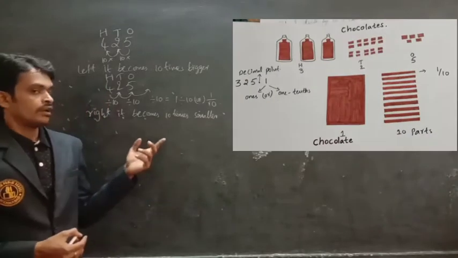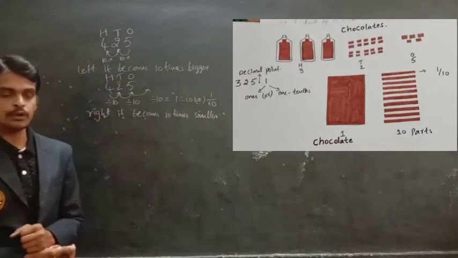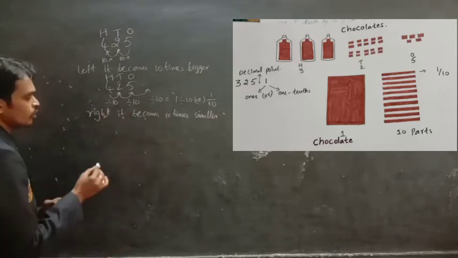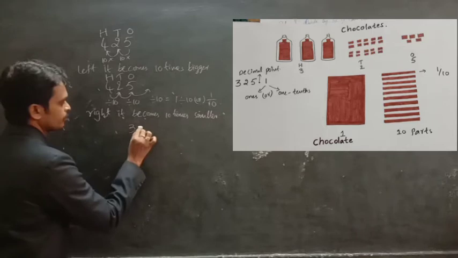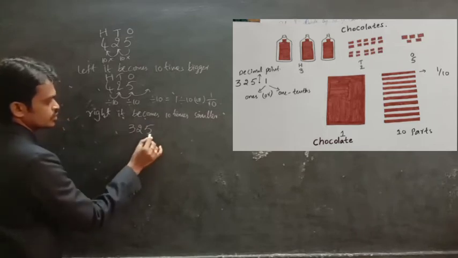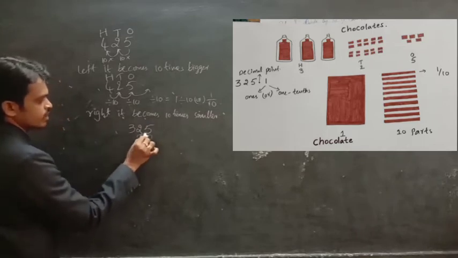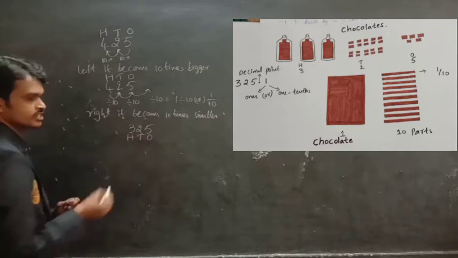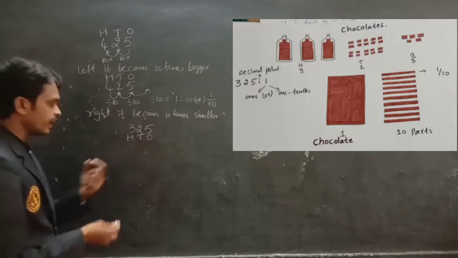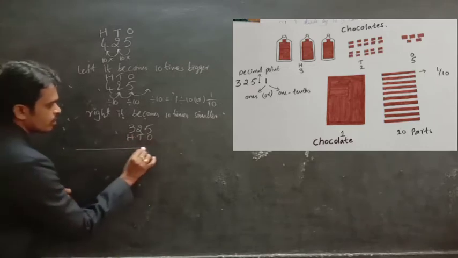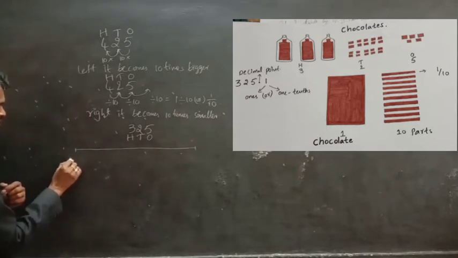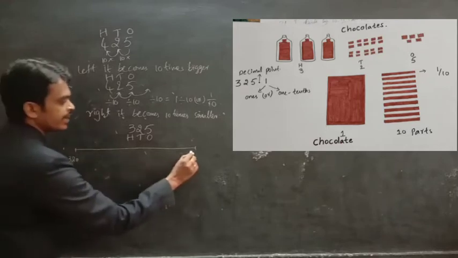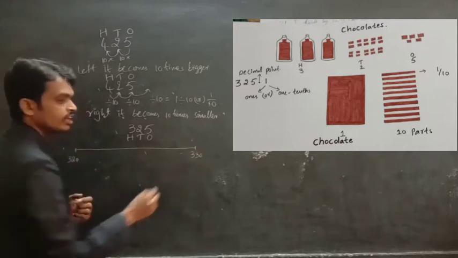So here we will see an example. One more number, I am taking 325. So this is the 1's place, this is the 10's place, and this is the 100's place. This number 325 is between 320 and 330.